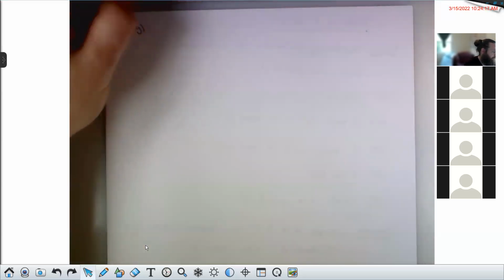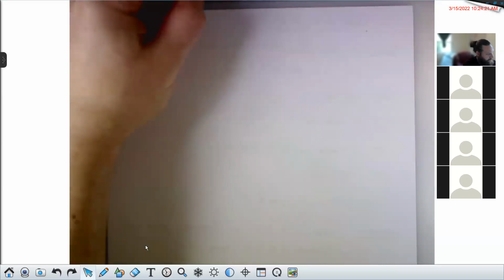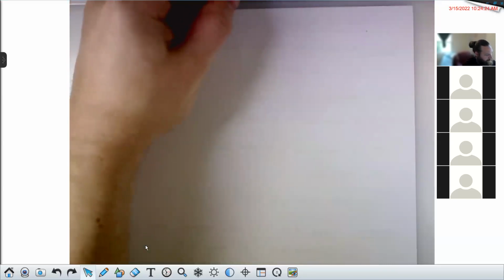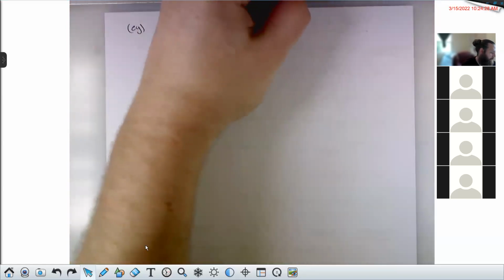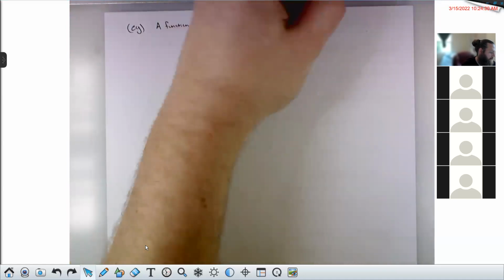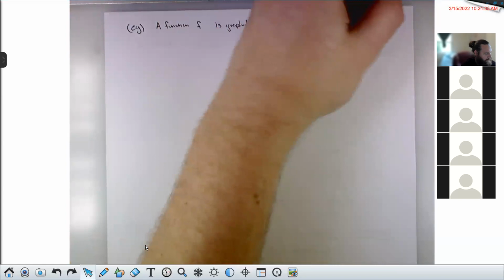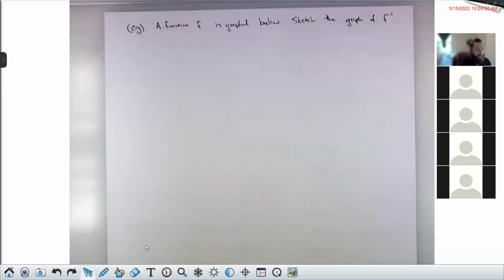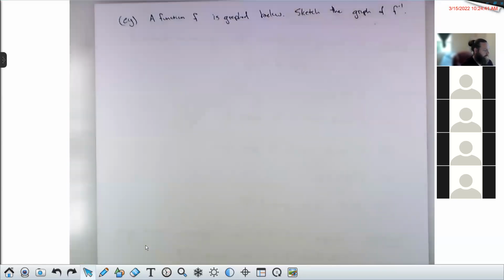Okay. So here's a classic. I give you the graph of f, and I ask you to sketch the graph of f inverse. Function f is graphed below.